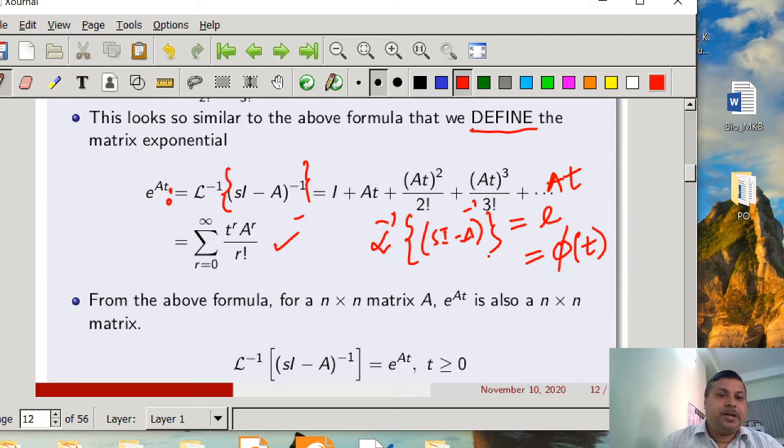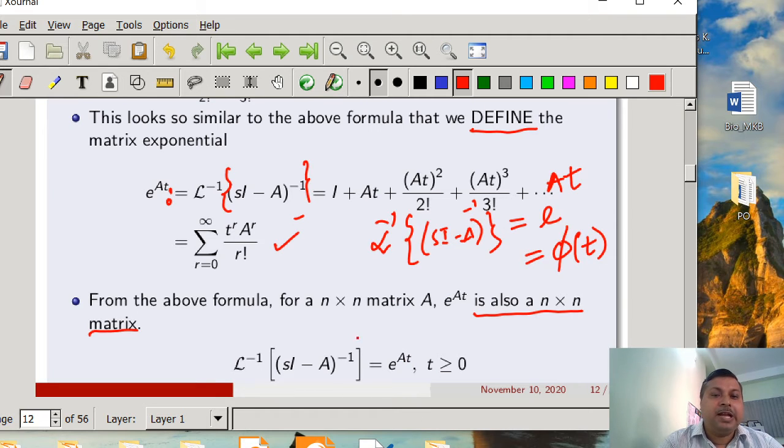Fine. So from the above formula, for an n by n matrix A, e to the power At will also be an n by n matrix, but we have not computed e to the power At yet. This is a claim only.